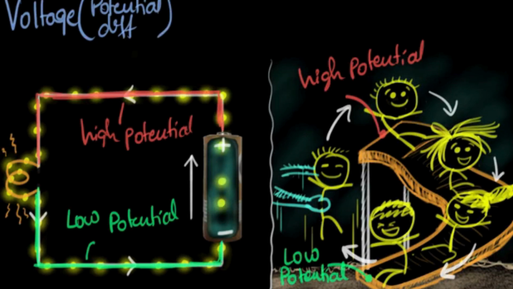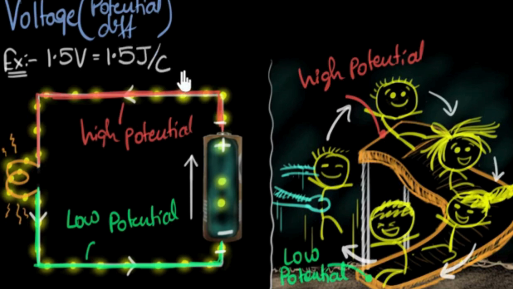So for example, we'll take an example and understand voltage. For example, over here, if we said the potential difference between these 2 points is 1.5 volts, then it means there is a difference in energy, potential energy, of 1.5 joules per coulomb.